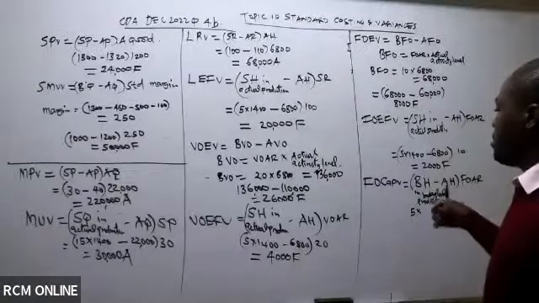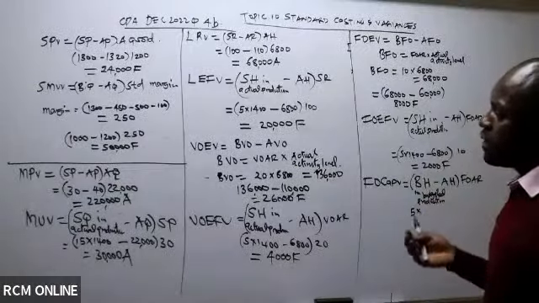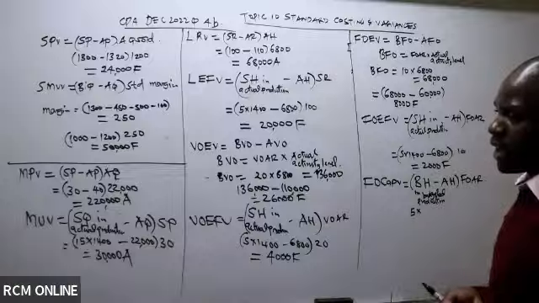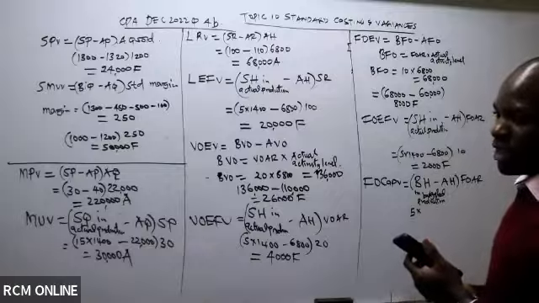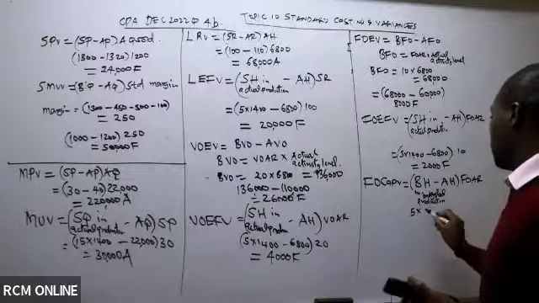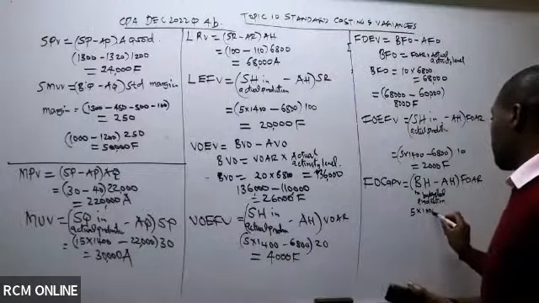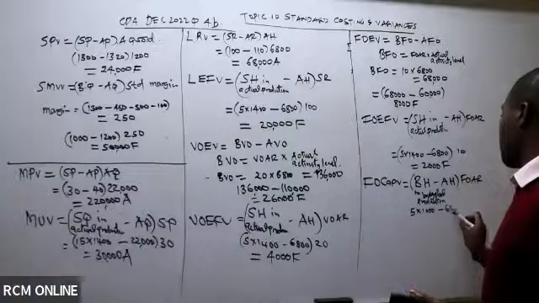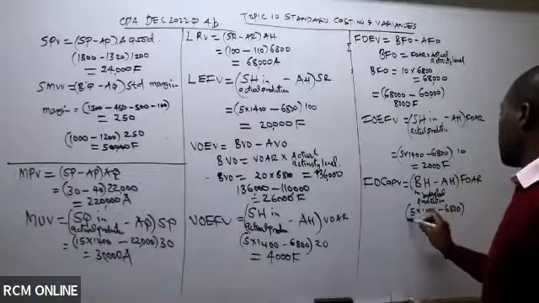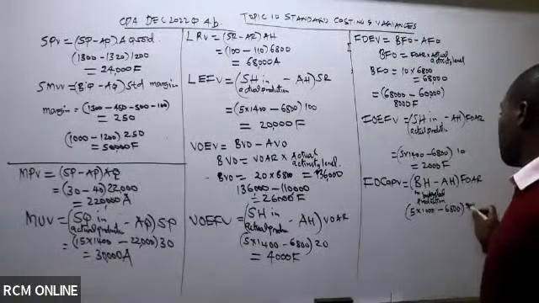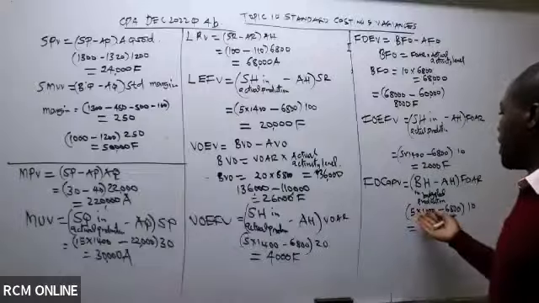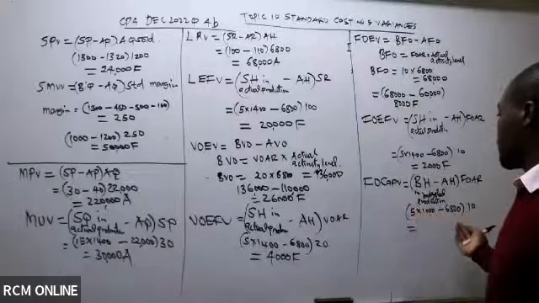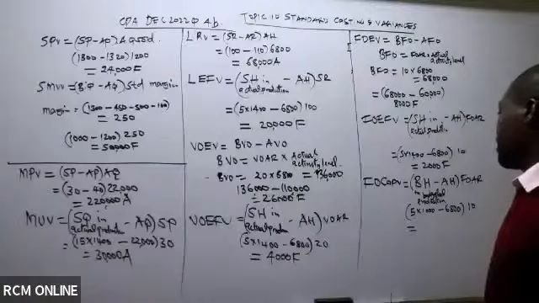It is multiplied by budgeted production. As per their budgeted or standard cost card, how many units were they supposed to produce? You multiply by 1,000. The fixed overhead absorption rate is still 10. So 5 by 1,000 is 5,000. They ended up with 6,800. That's a difference of 1,800.